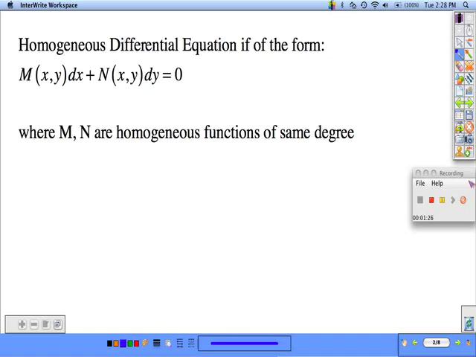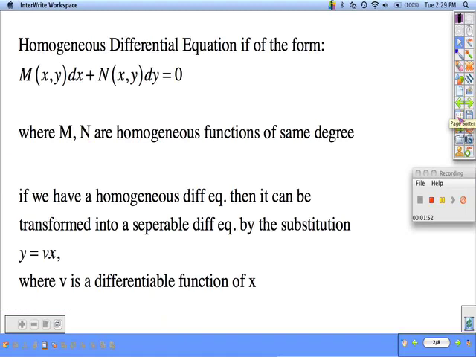And if we have an equation of the form M times dx plus N times dy equal to 0, where M and N are both homogeneous functions of the same degree, then we call that a homogeneous differential equation.